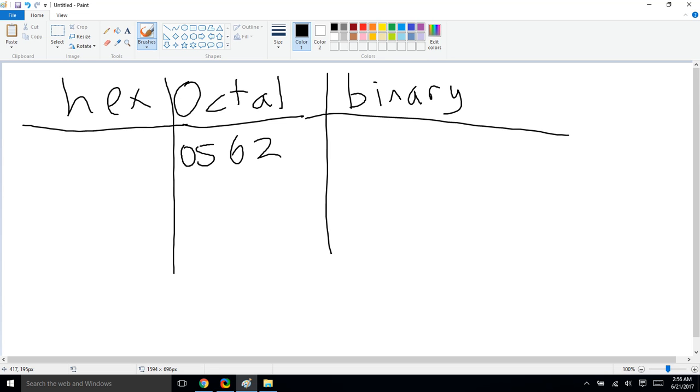The rule from going octal to binary is that each digit in octal is worth 3 bits in binary. So I have to write 2 as a binary number. Just going to write it down: 1, 0.